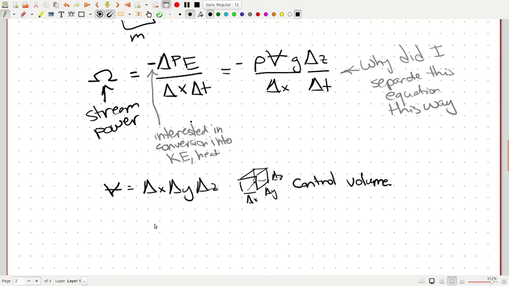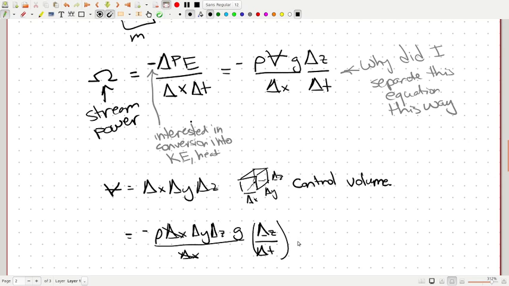And so therefore, what I can do is substitute this in and get that this also equals minus rho delta X, delta Y, delta Z, g over delta X. And hey, look, lo and behold, these guys cancel out. And then next to that, I have this delta Z over delta T. What I want to know then is how quickly in time, so what is the rate at which the water is dropping in elevation vertically?